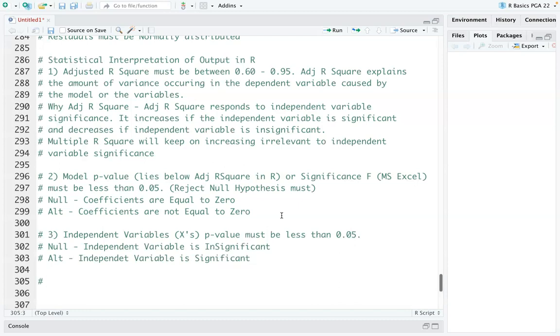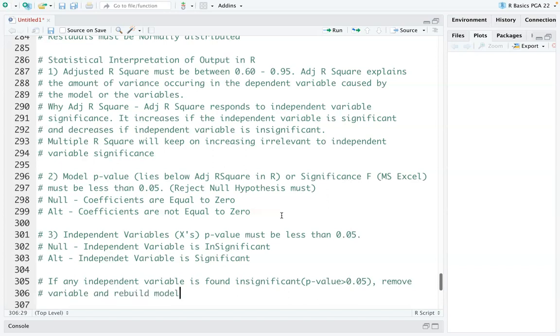Here, if any independent variable is found insignificant, when the p-value is greater than 0.05, remove the variable, and rebuild the model again.